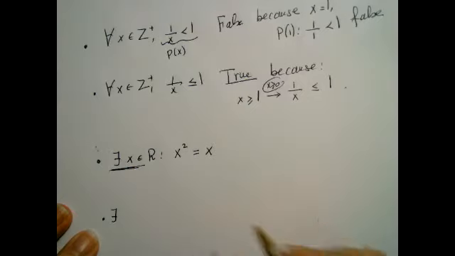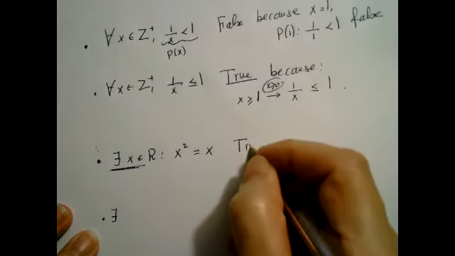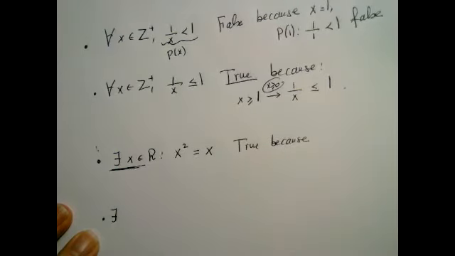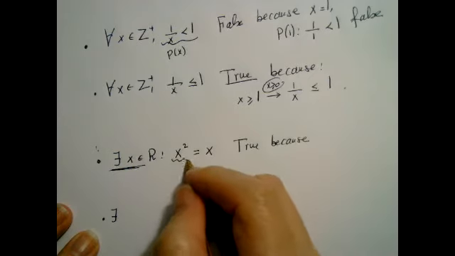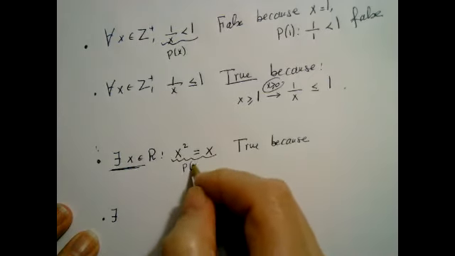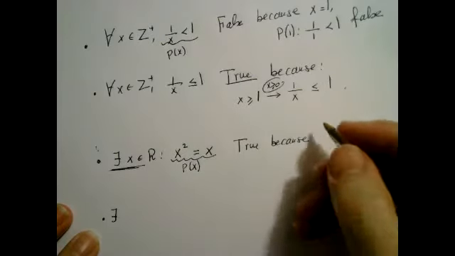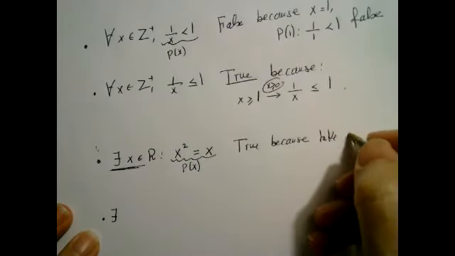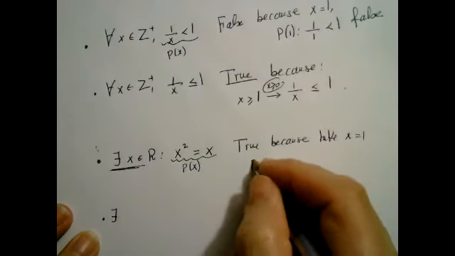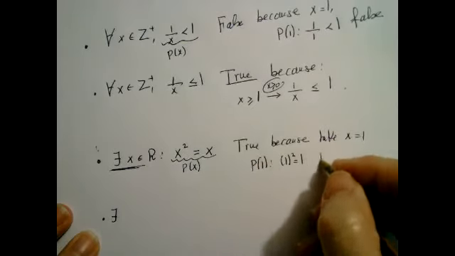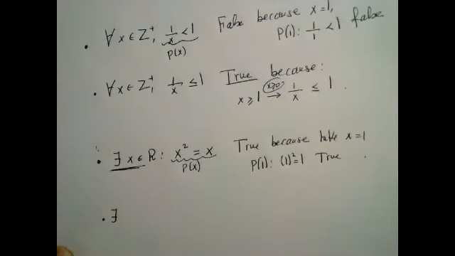It's true, because if you insert either the value 0 or 1, the square of 0 or the square of 1 equals 0 or 1. Absolutely true. I don't need 2, I need 1. Because take x equal to 1, then P of 1 will read 1 squared equal to 1, which is true.